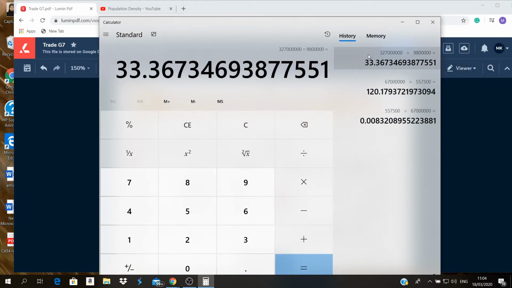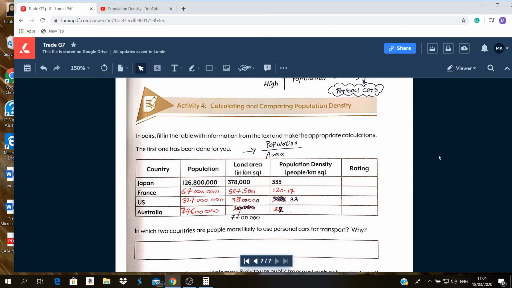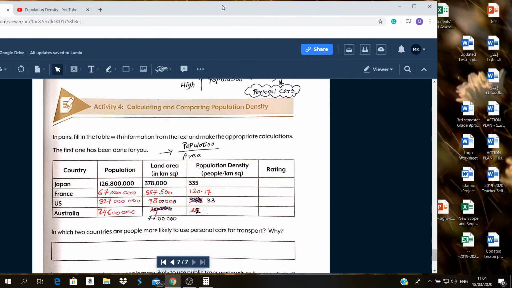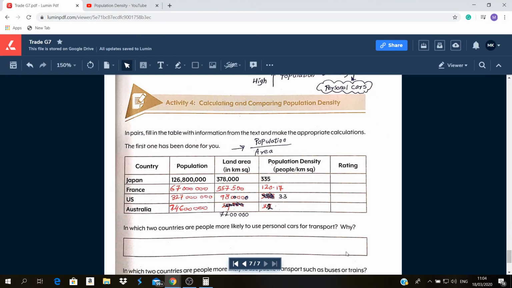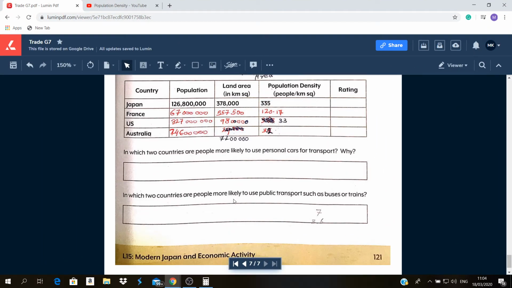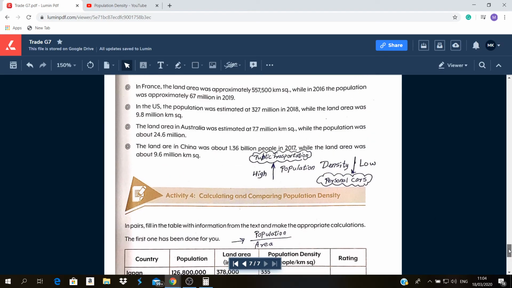Okay, now let's carry on. In which two countries are people more likely to use personal cars for transport and why? In which two countries are people more likely to use public transport such as buses and trains? Let's see this first.